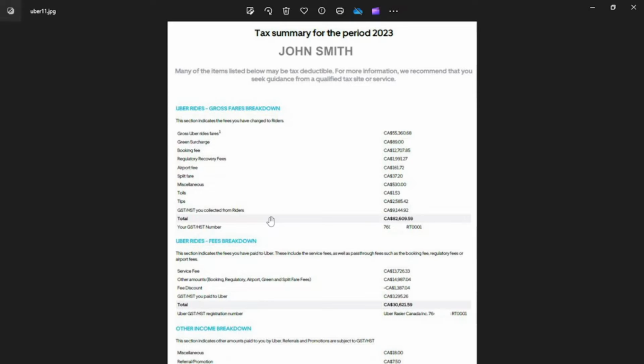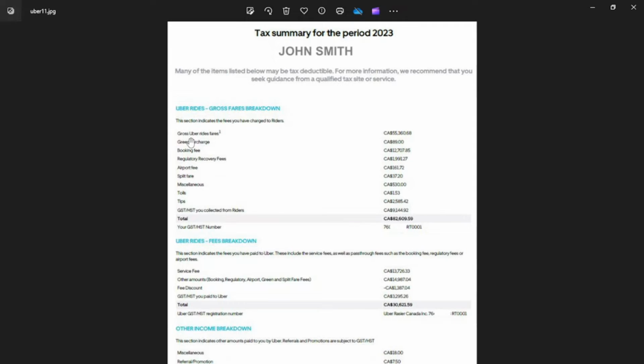Uber is the app which is providing this service to John, and also helping a passenger find John to get service from him. The basic transaction is between John and the passenger, and Uber is facilitating that transaction operationally and financially, and Uber takes some kind of fee for that service.